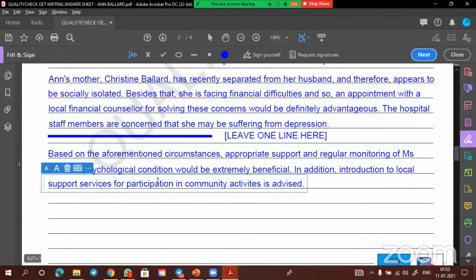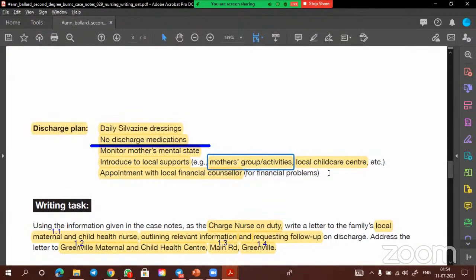Okay, "as well as", you can remove this, or you can use it like this: introduction as well as local child care center.